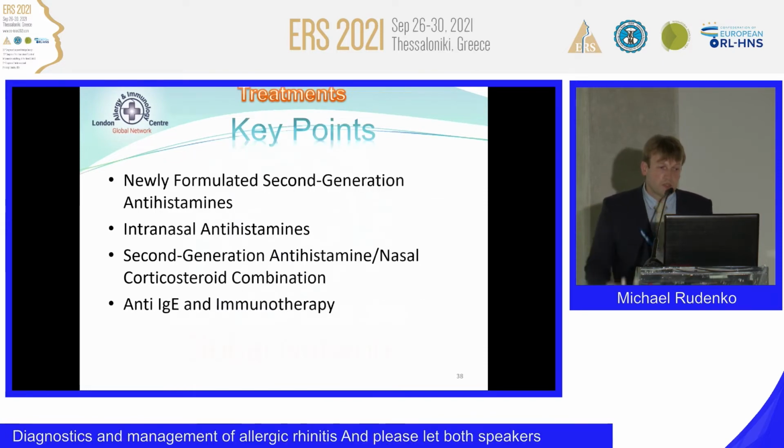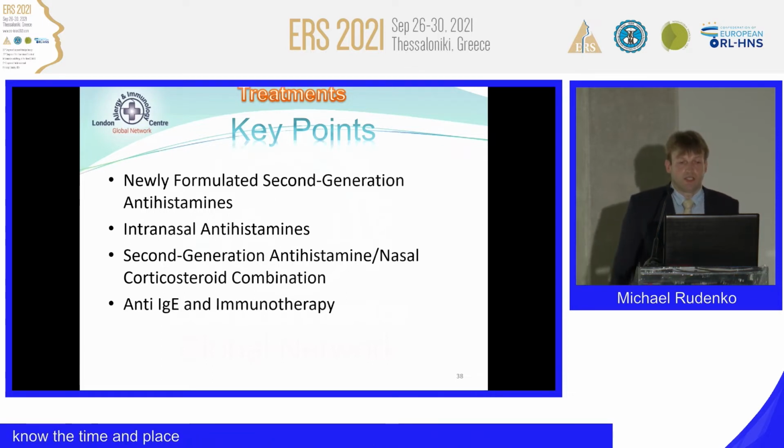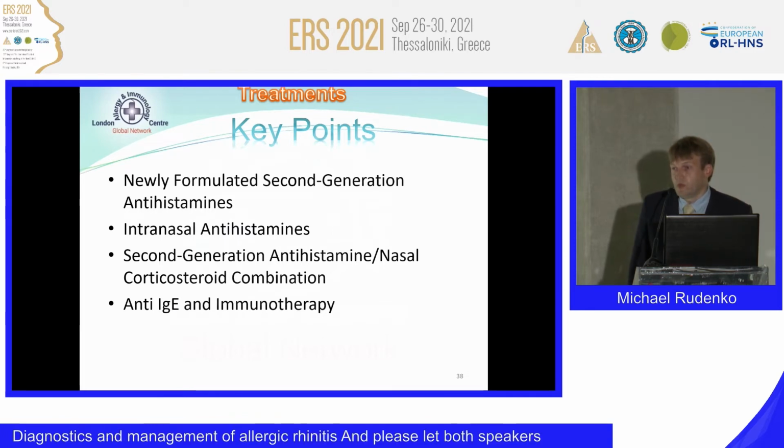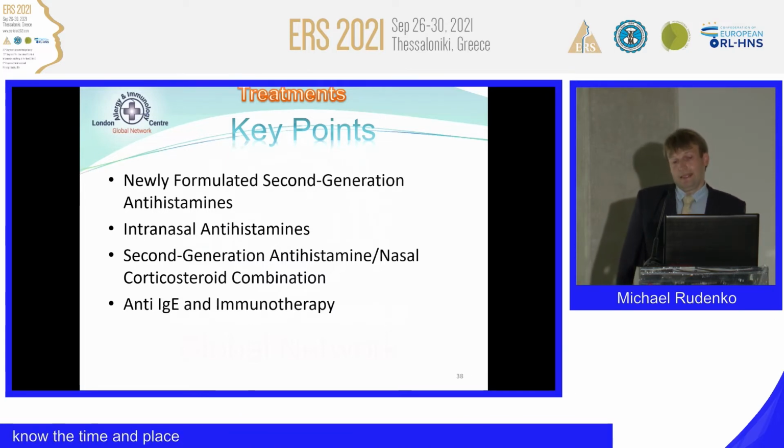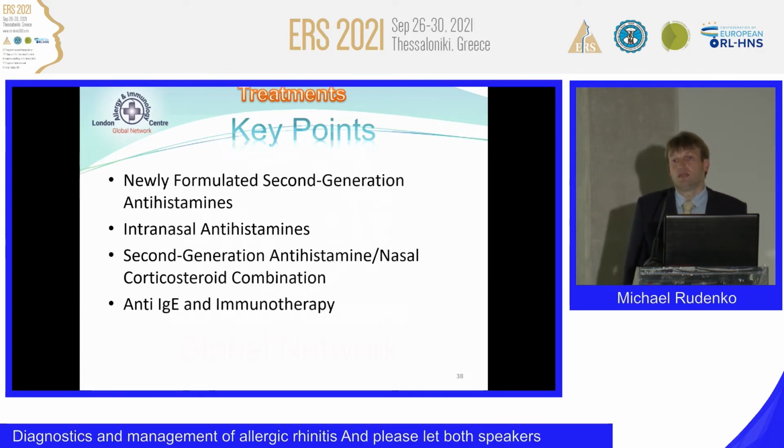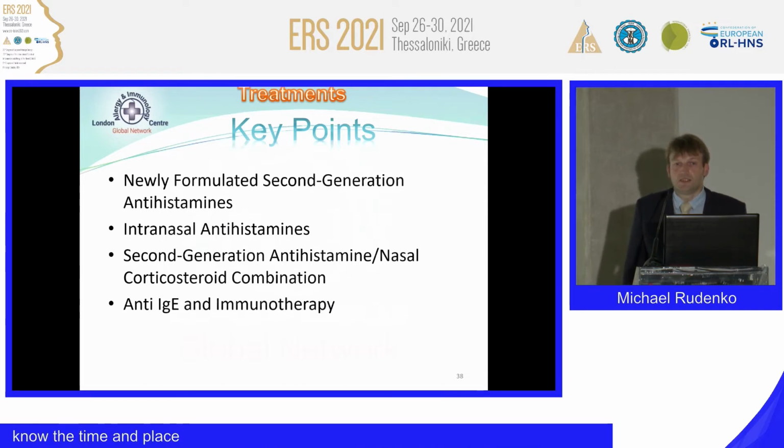So the usual treatment plans: these are the new second-generation antihistamines. We obviously do not recommend use of the first generation due to its drowsiness, and the second-generation antihistamines are available everywhere, which is why it's a pretty easy choice. It's more on the education platform that you need to advise your patients that the first generation antihistamines are not to be used.